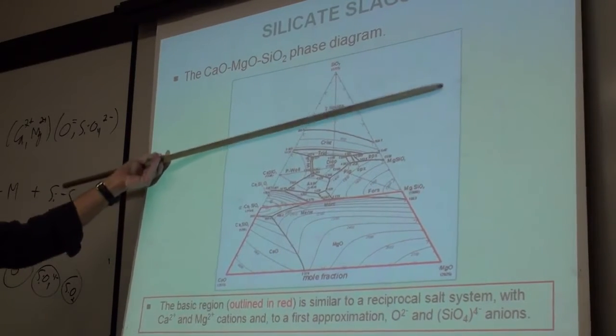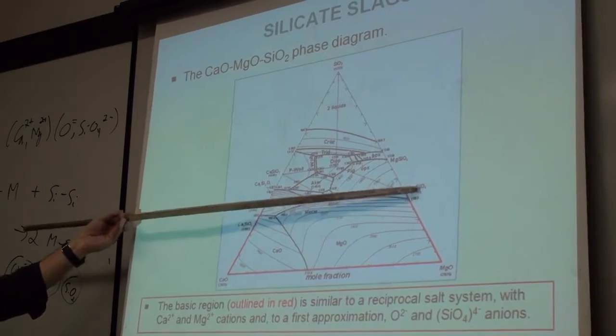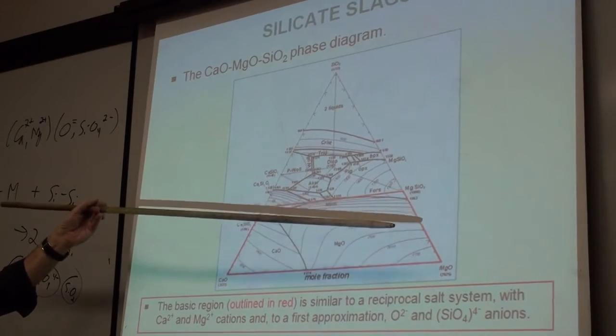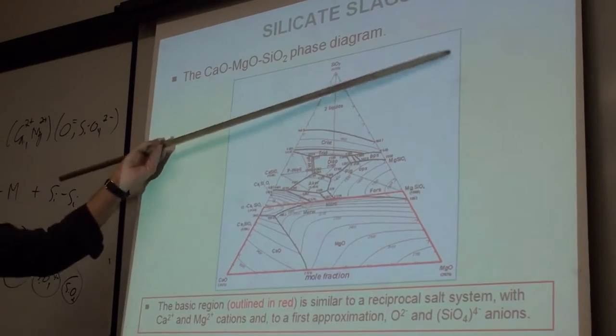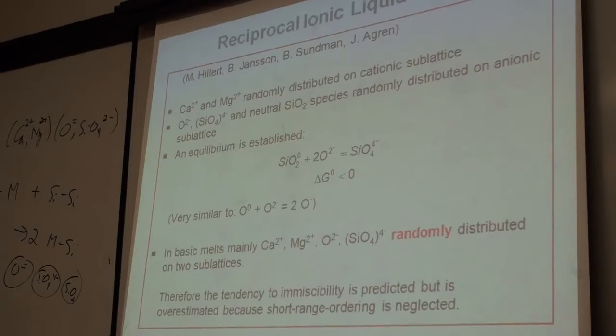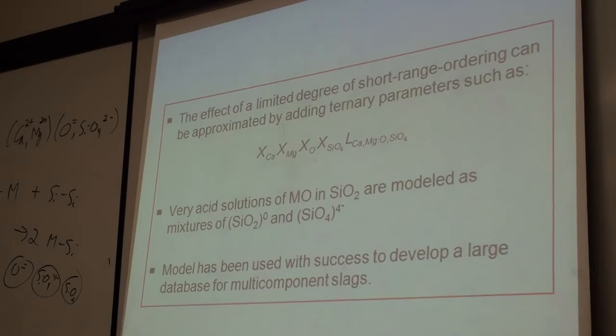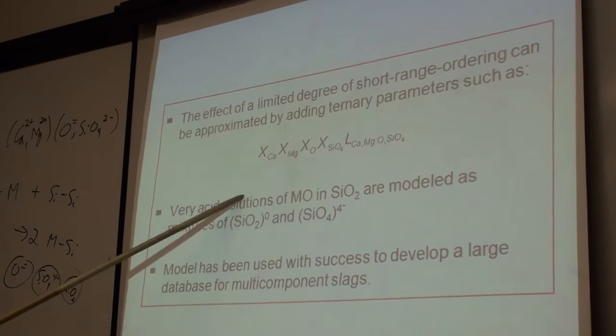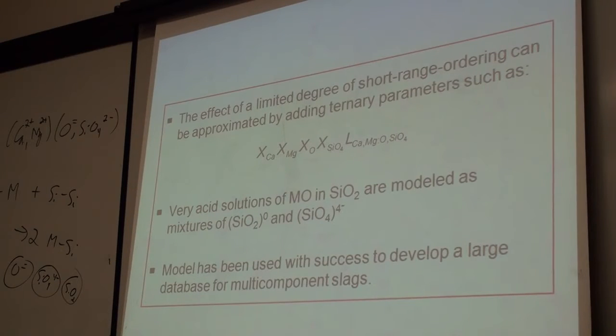So over this side, you'll have magnesium and calcium on the cation lattice, and you'll have SiO4 2 minus and SiO2 neutral species on the other sublattice, which permits you to extend the treatment at least up to silica, but it's certainly not a very realistic sort of model. So very acid solutions are modeled as mixtures of neutral SiO2 molecules and SiO4. The model, however, has been used with success to develop a large database for multi-component slags by the group in Stockholm.